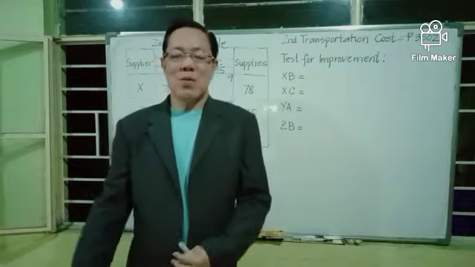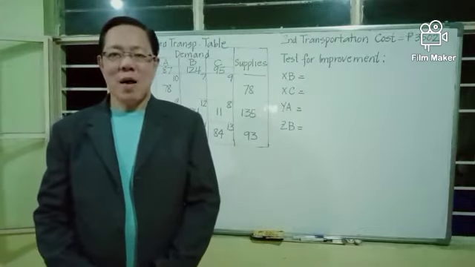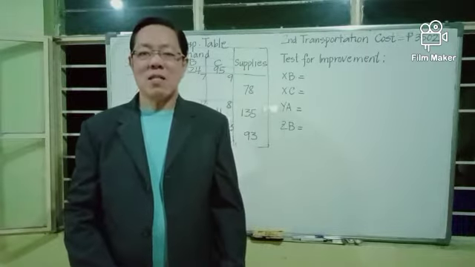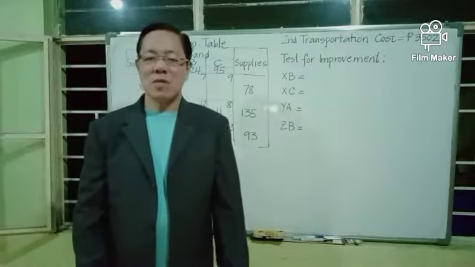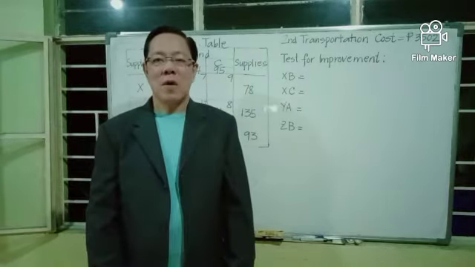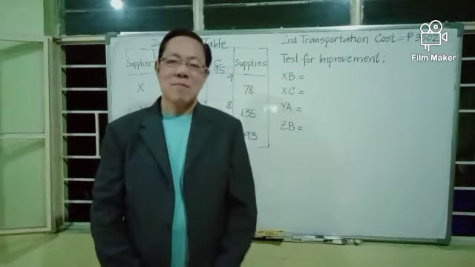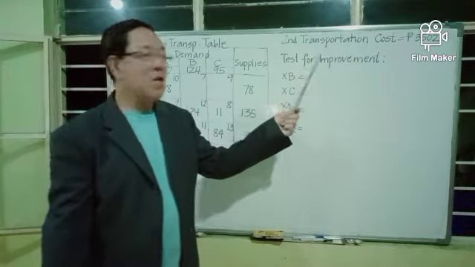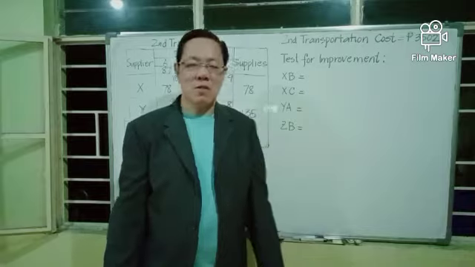For today, we will hopefully complete our example for the balanced transportation problem. In the last lesson, we developed the second transportation table, from which we developed the second transportation plan, in which we obtained the second transportation cost of 3,502 pesos.